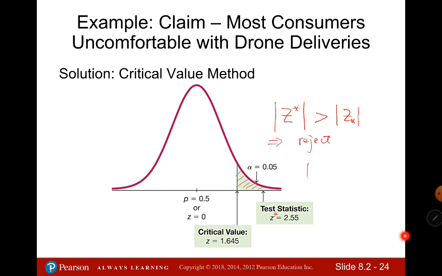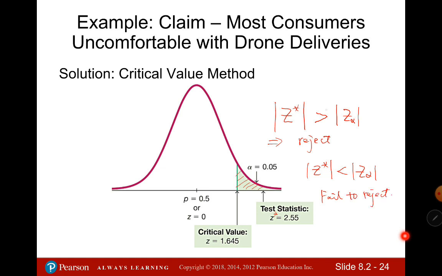If your test statistic has the smaller absolute value than the critical value, we fail to reject.